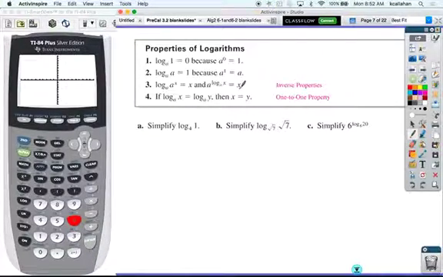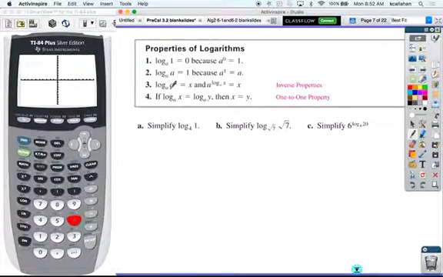Even more useful is log base a of a to the x equals x. It's more specific: it doesn't have to be an exponent of 1. Whatever the exponent is, that's the answer, as long as these two match up. We use that all the time when solving equations.